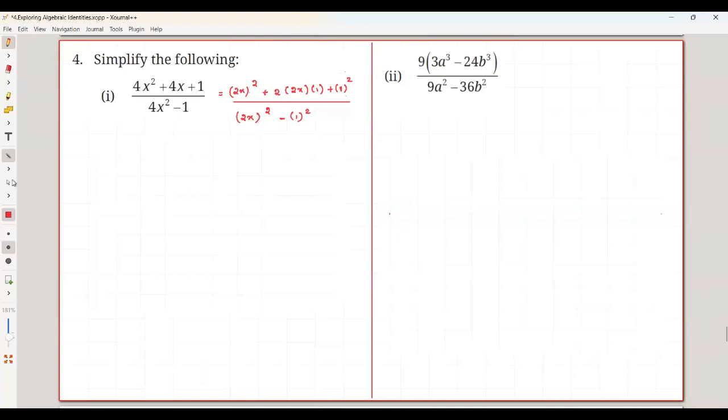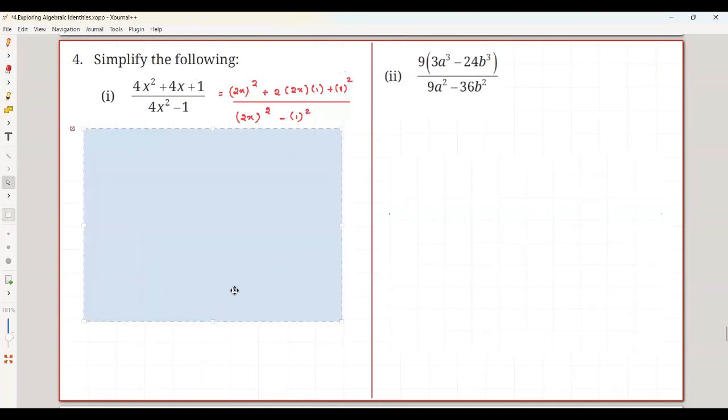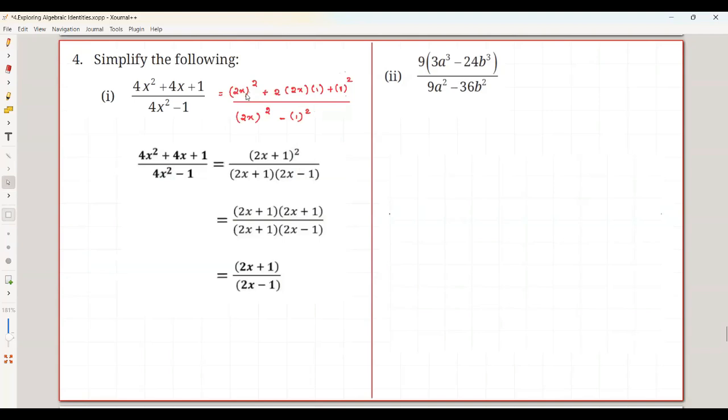If we apply the formula, the numerator can be written as a plus b the whole square. What is the a value? 2x, and the b value is 1. For the denominator, a square minus b square means a plus b, a minus b.